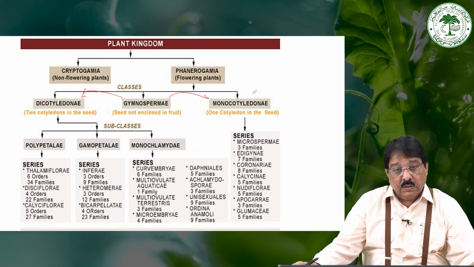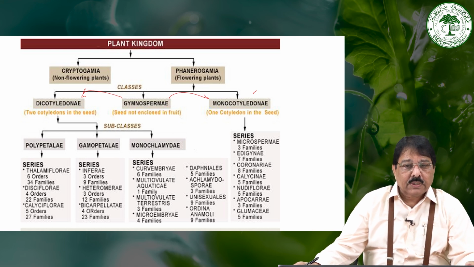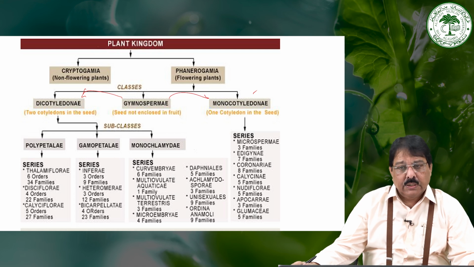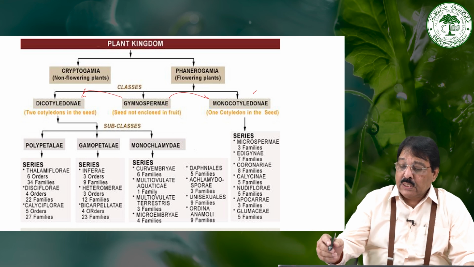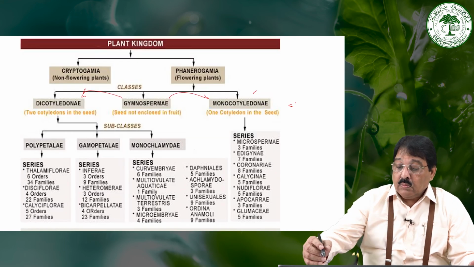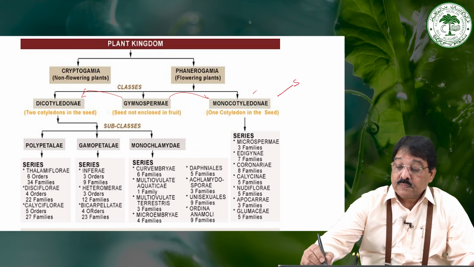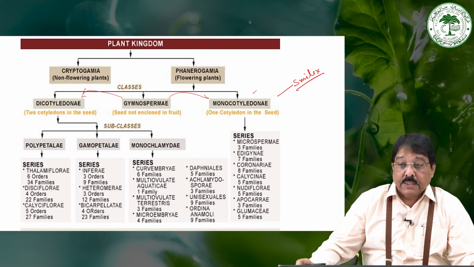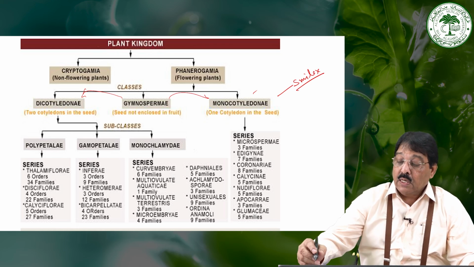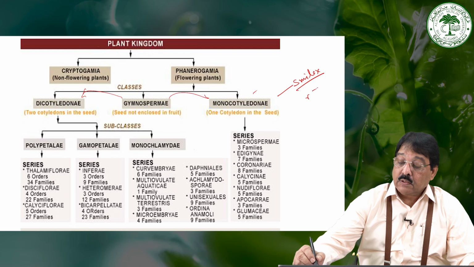In case of the dicotyledons, except a few, like Calophyllum, which is a dicot but has parallel venation, otherwise all the dicots will have reticulate venation, while in case of the monocot, all the monocots will have parallel venation except Smilax. Smilax is the only monocot which has reticulate venation.